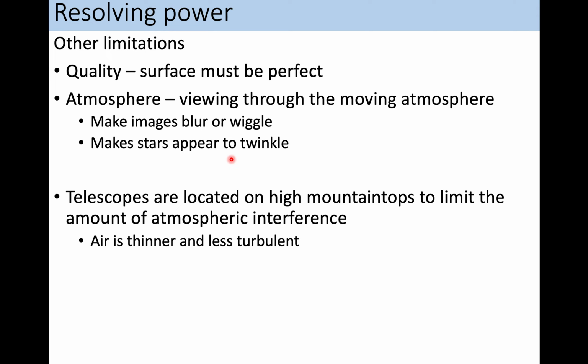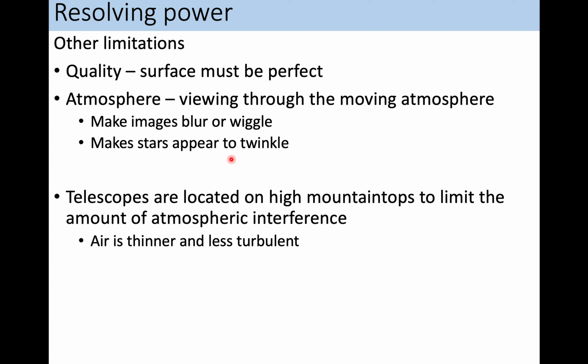So if we have a telescope here on Earth and we're trying to view something out in space, that means we are looking all the way out through our atmosphere into space. So what that means is we're actually observing that object behind our atmosphere.